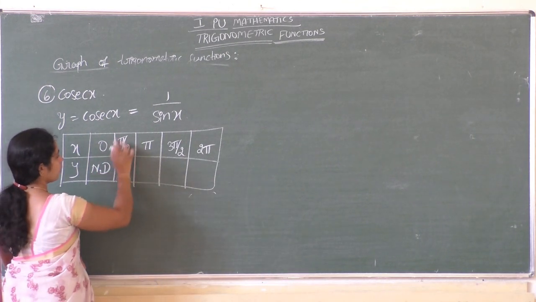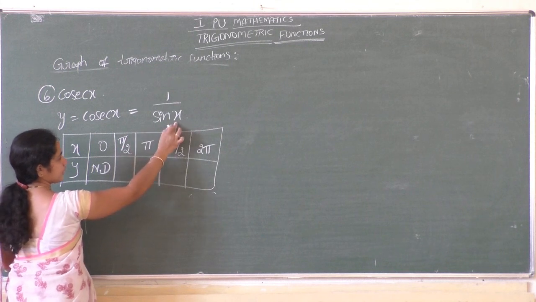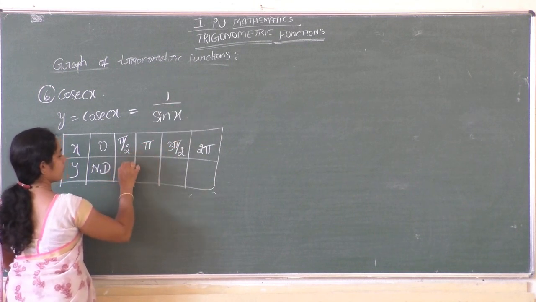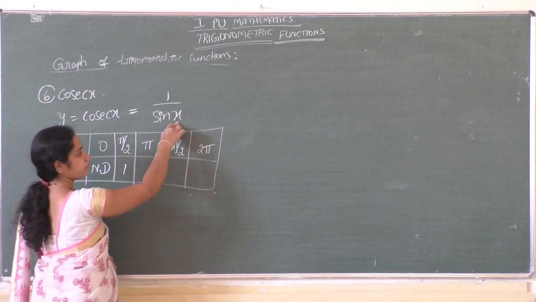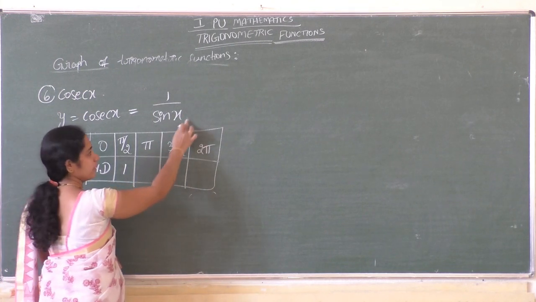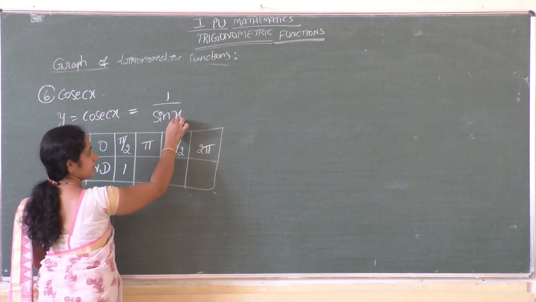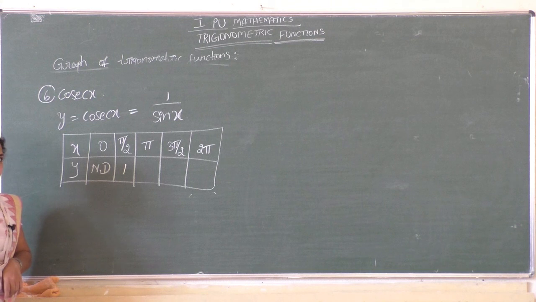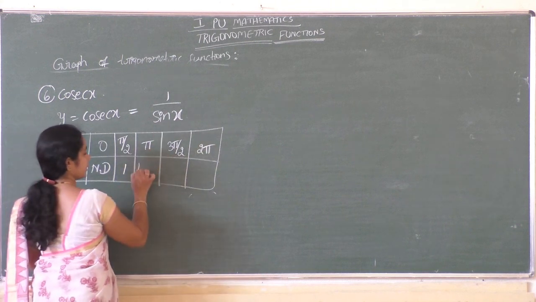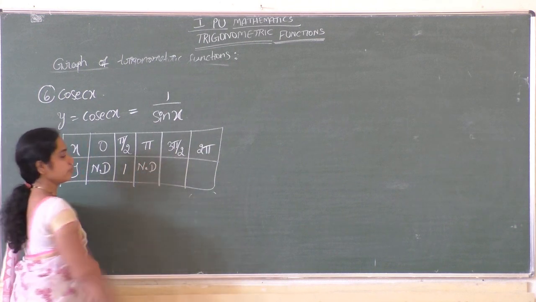For pi by 2, sin 90 is 1, so 1 by 1 is 1. What is the value of sin pi? Sin pi is 0, so 1 by 0 is not defined.